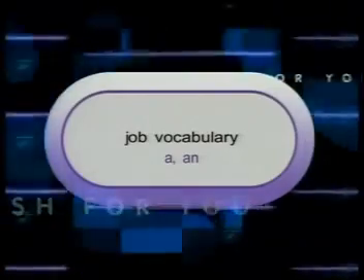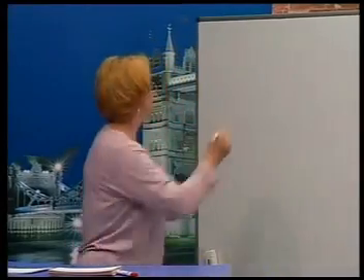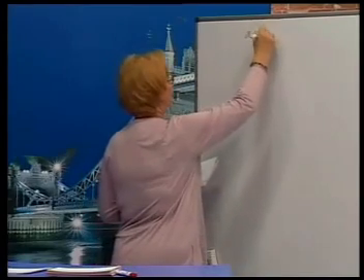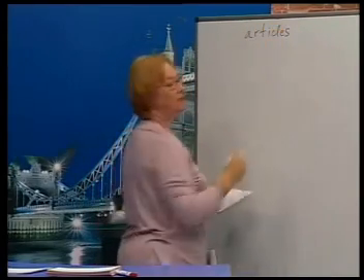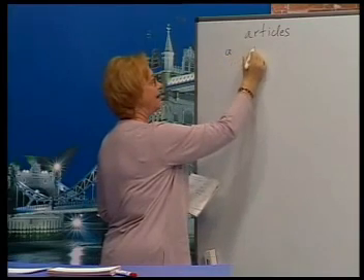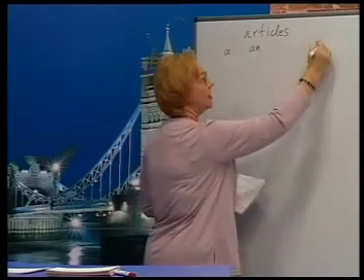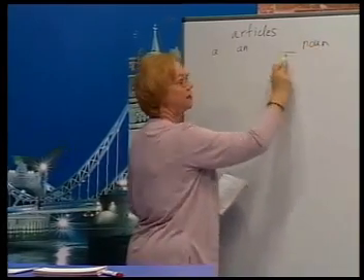Job vocabulary. All right. Now we're going to talk about articles. Articles. This is the name of small words. Today we're going to talk about a and an. They go before a noun, right here.